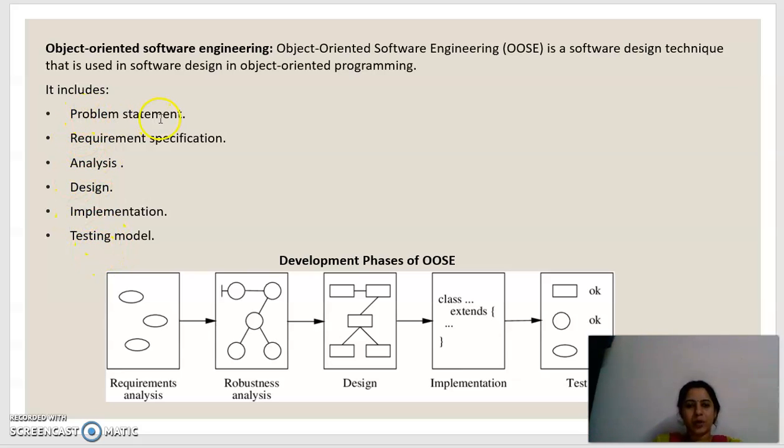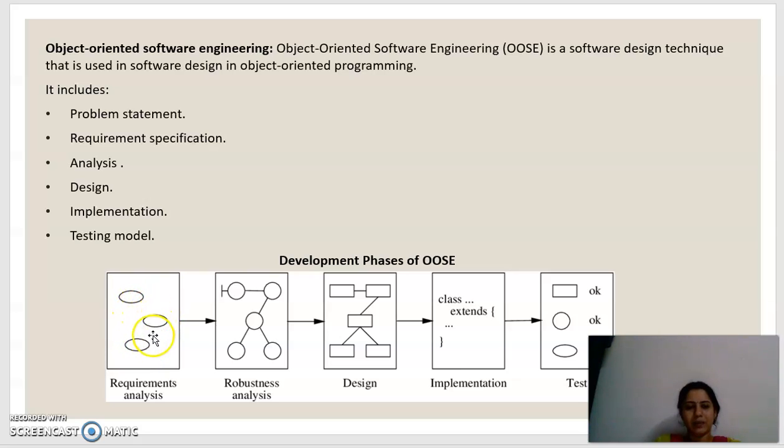The first one is the problem statement. In this video, I will show you how to write the problem statement for different applications. This is the diagram of the layer structure. Mainly we have requirement analysis. In requirement analysis, we show the main requirements needed to develop software.